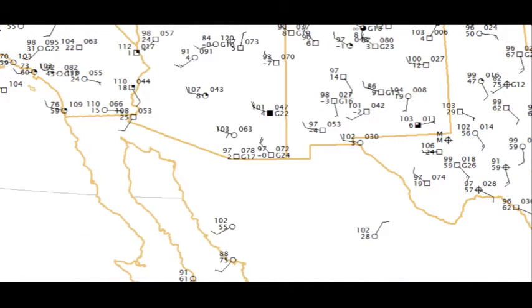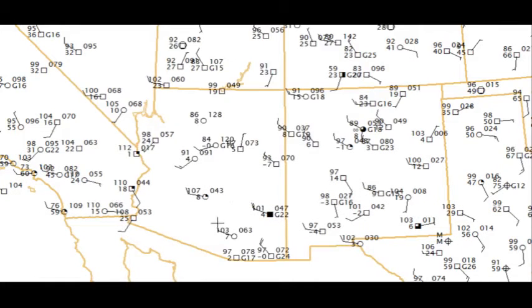Boy, that is some definitely hot air right there, and 107 at Phoenix. I don't know where that 123 is that was mentioned. Maybe that was somewhere at one of the stations out here. But very hot weather, and I'm sure Death Valley is probably way, way up there.